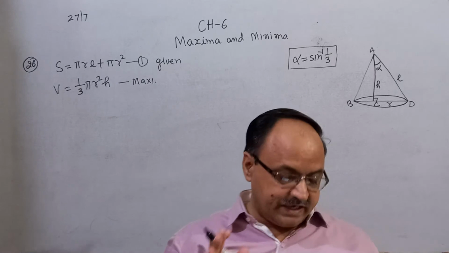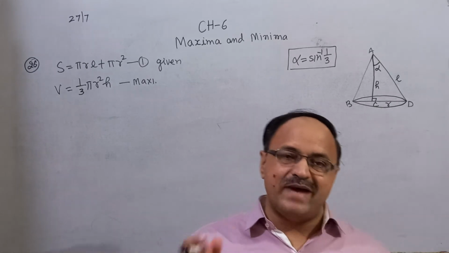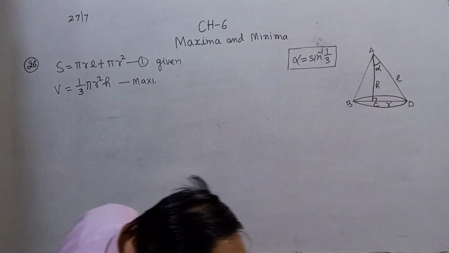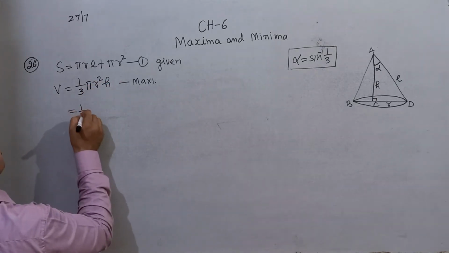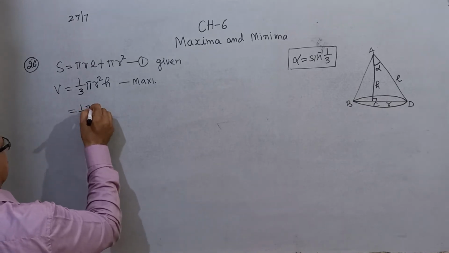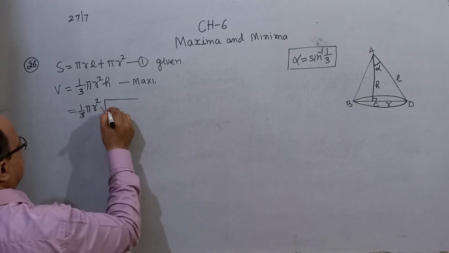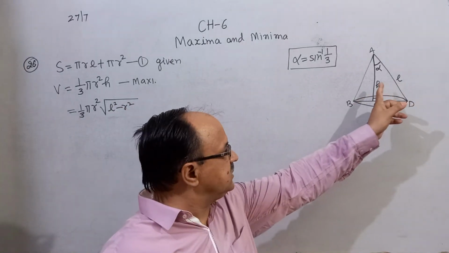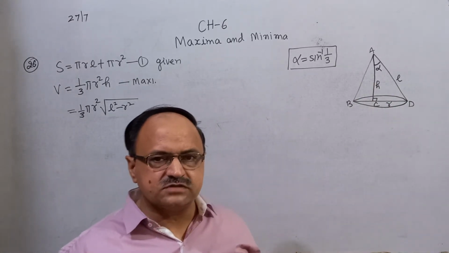Again, what is the question? Show that the semi-vertical angle of a right circular cone of given surface area and maximum volume is sine inverse 1/3. Now we start. The volume is 1/3 pi R square H. What is the value of H? You know that L square is equal to H square plus R square, so H is the square root of L square minus R square.